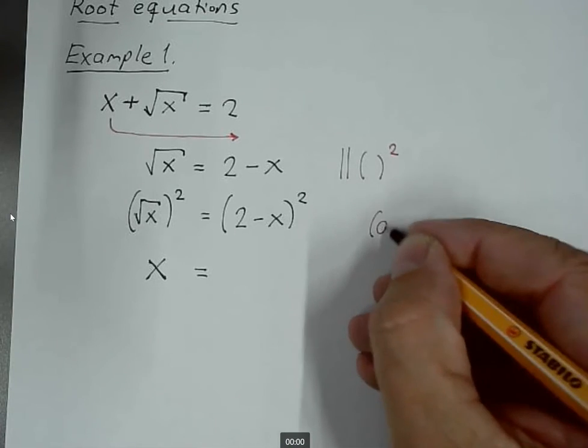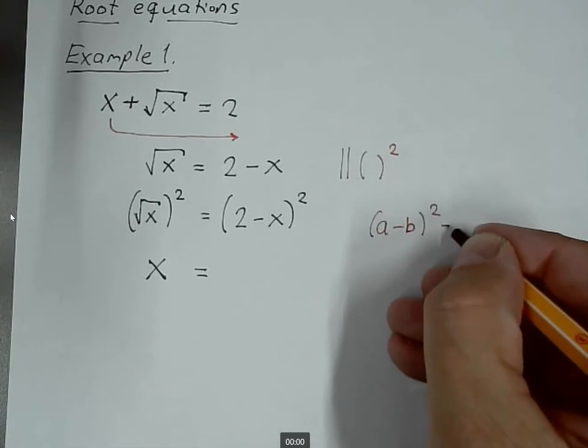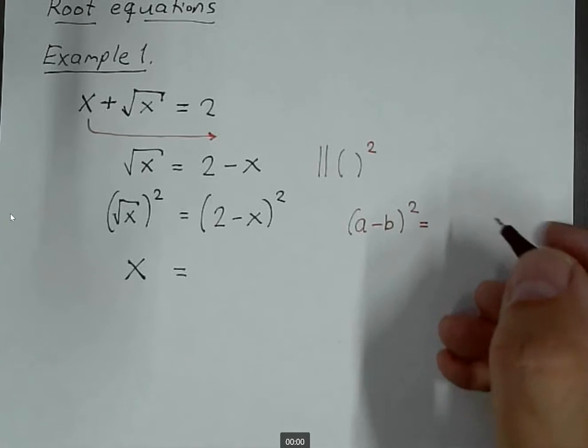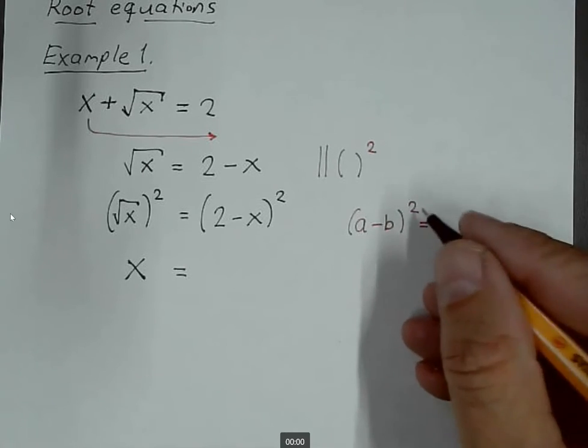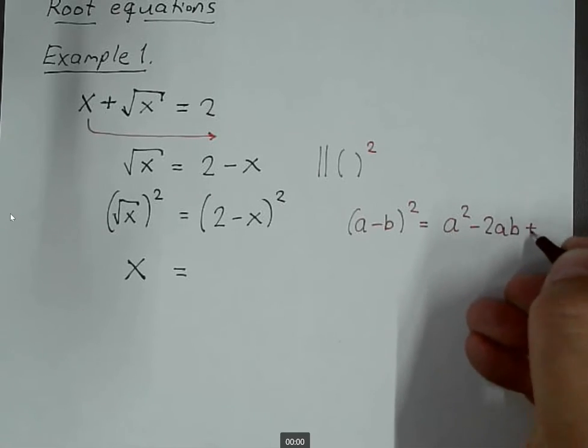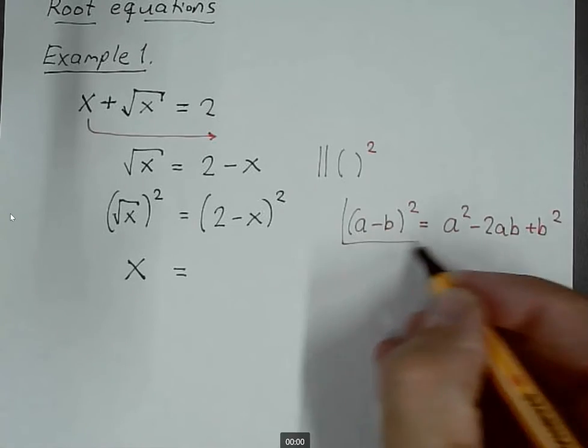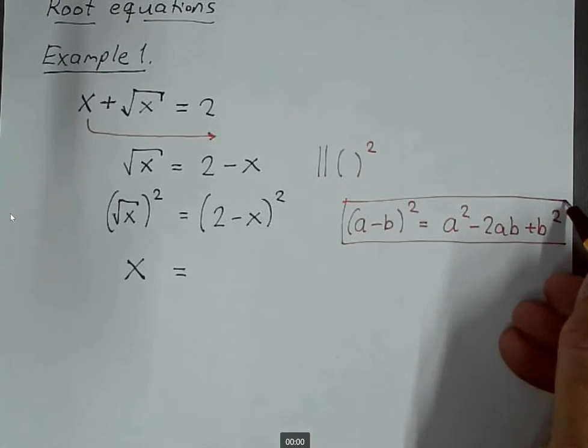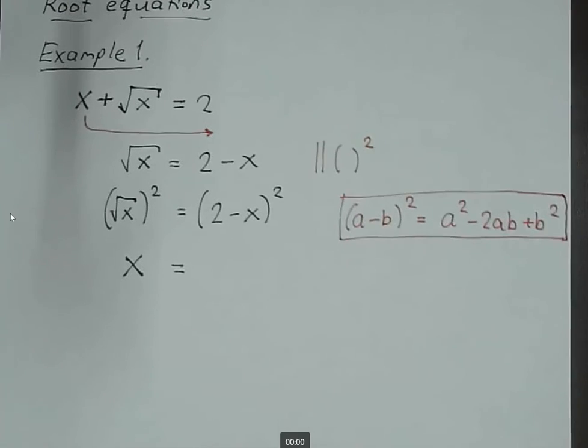So in this case we will use this memory rule in algebra: (a minus b) squared equals a squared minus 2ab plus b squared. This is a formula which is useful in root equations.